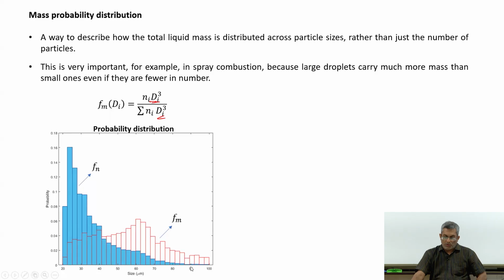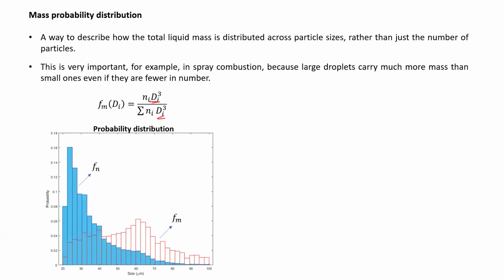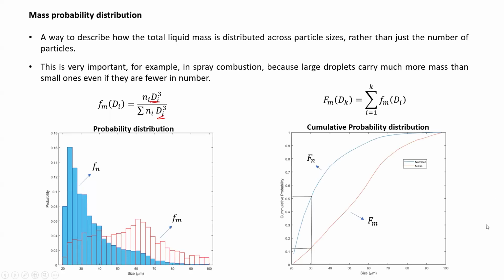Okay. So now, similar to cumulative number probability, we can also calculate cumulative mass probability. The expression is basically the same. And here you can see the comparison between cumulative number probability and cumulative mass probability. What is the difference? This approaches one much quicker compared to this. This is because of the contribution from the large droplets.